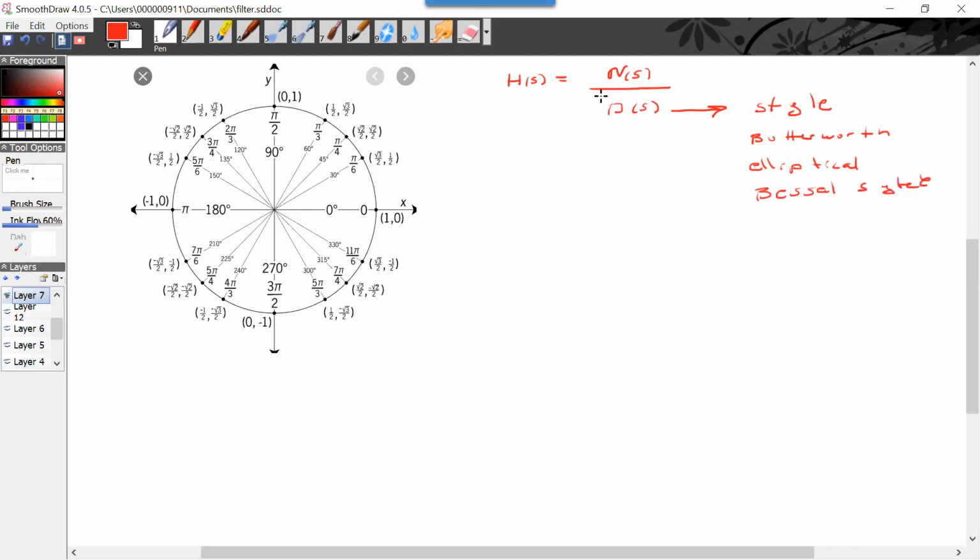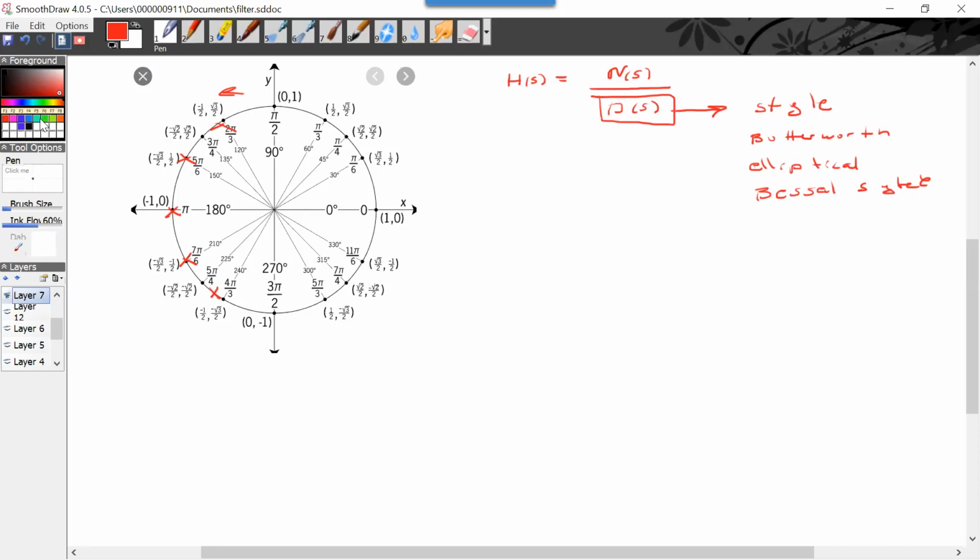And the style is totally set by the denominator, and it's basically where you place the poles. And there is a unit circle, and you're dividing things up, but really the ones we're concerned with, because we're trying to make things in control, are poles on the left-hand side.